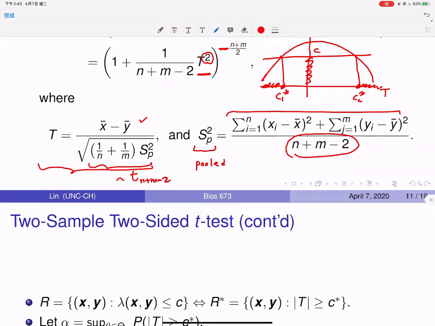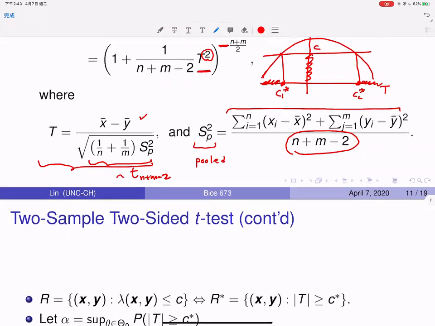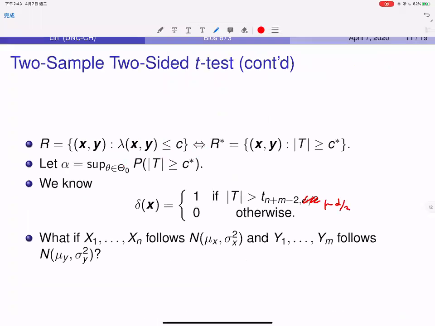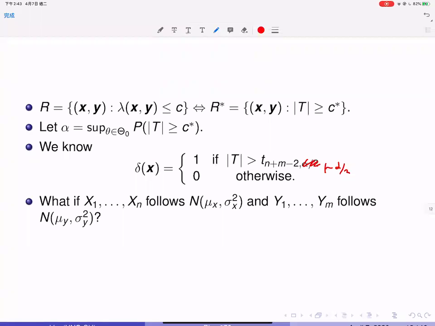That's actually the same thing as the one sample t-test, similar things. If you know that the distribution is t with n plus m minus 2 degrees of freedom, then you do know where to find this quantile to reject the null hypothesis.